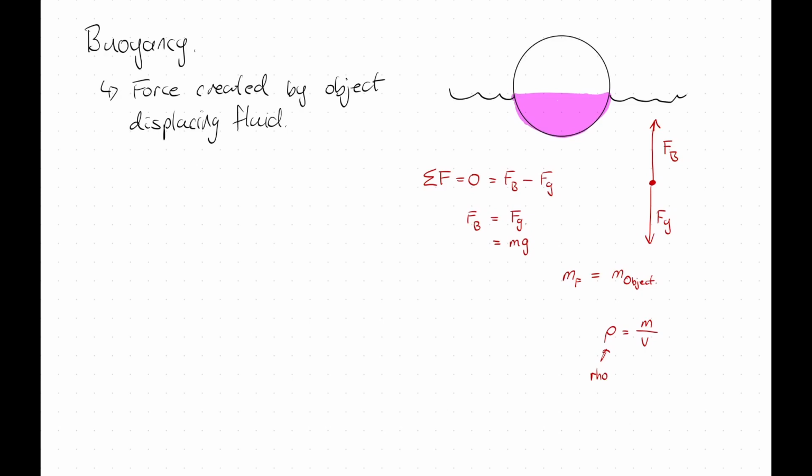So the density of our fluid is equal to the mass of our fluid divided by the volume of the fluid. If we substitute that back up into our mg, we would get rho V g. We have the density of the fluid, the volume of displaced fluid, and g is our gravity.